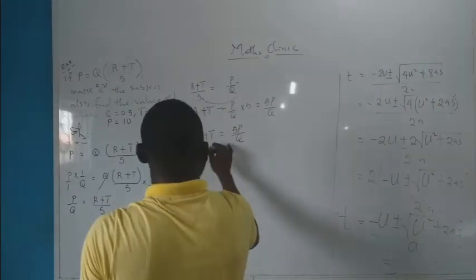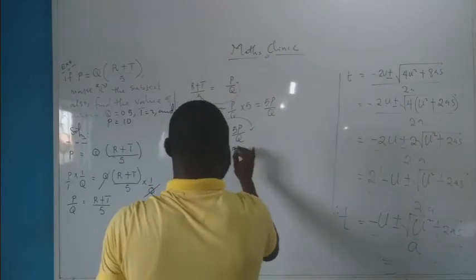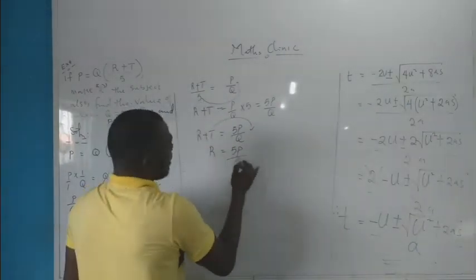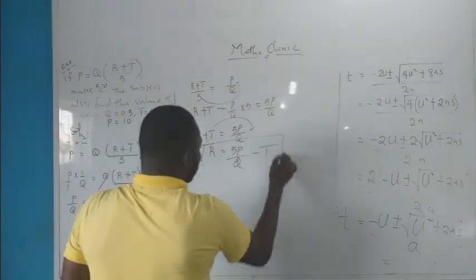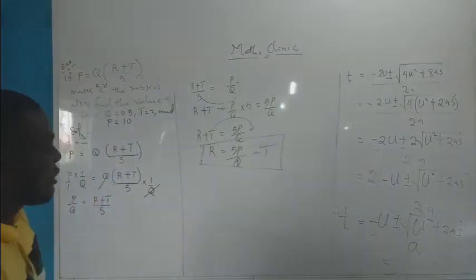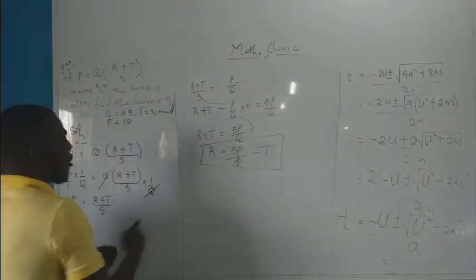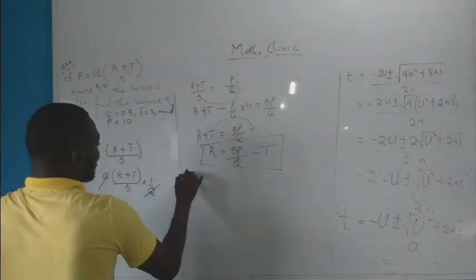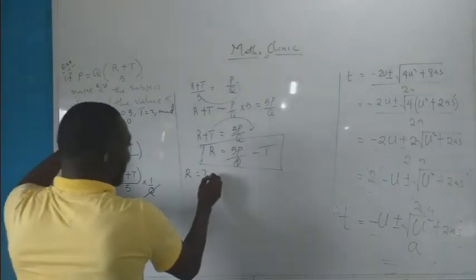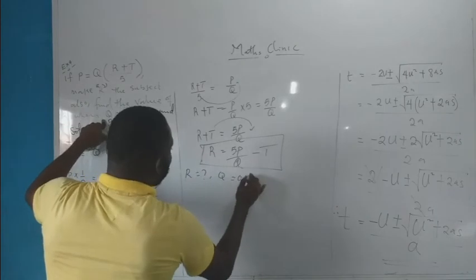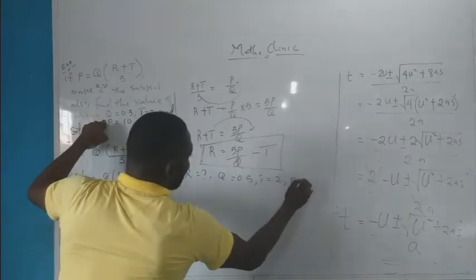So what will be R? R will be equal to, take this across, 5P over Q minus T. That's it, making R the subject. But that's not all. We have to find R. R is unknown when Q equals to 0.5, T equals to 2, and P equals 10.